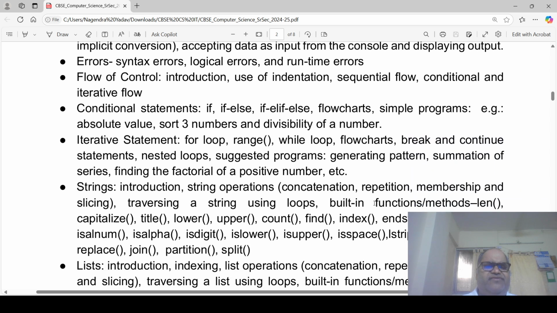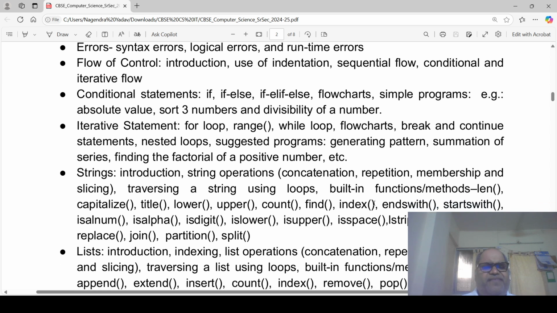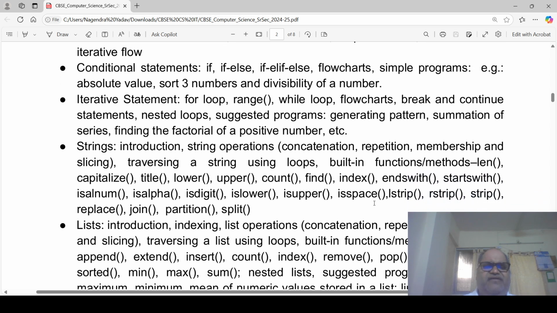From there on, there will be an introduction about syntax, logical, and runtime errors that you'll typically see while executing programs, and then flow of control. Eventually, we'll have if-else and variations of it, and using that, a first program about sorting three numbers, or finding absolute value, or testing divisibility of a number.